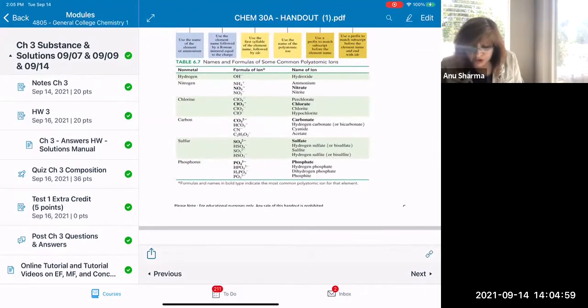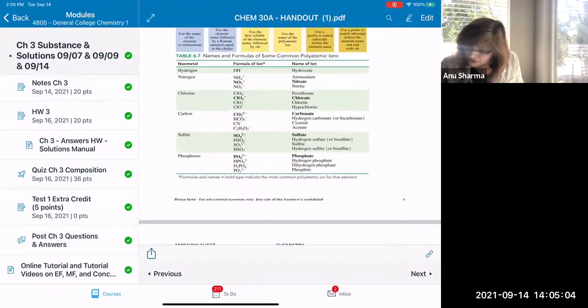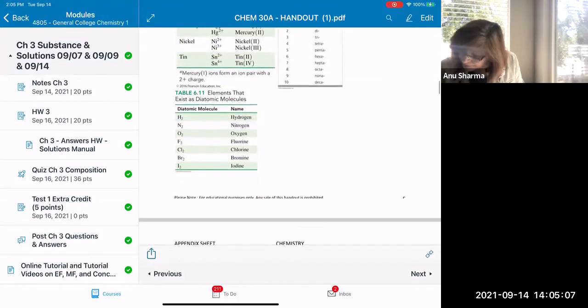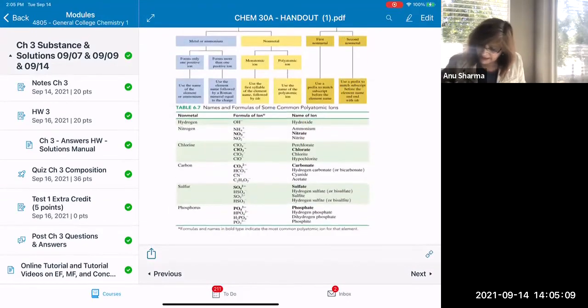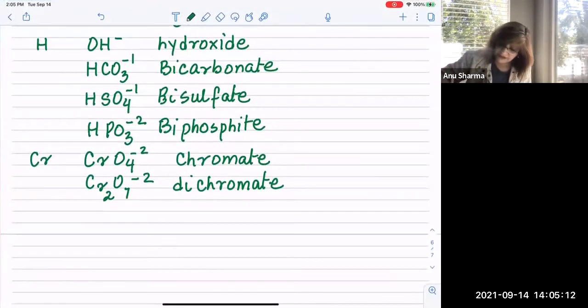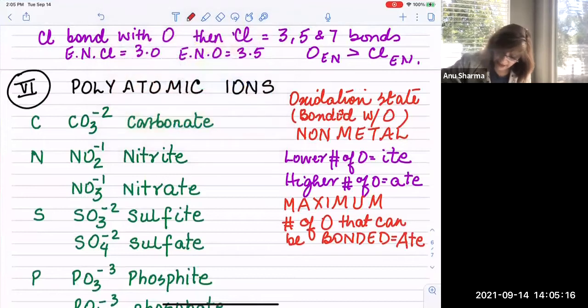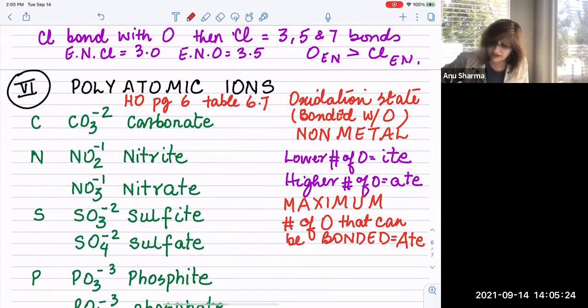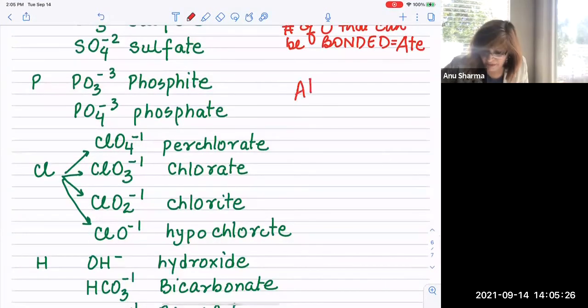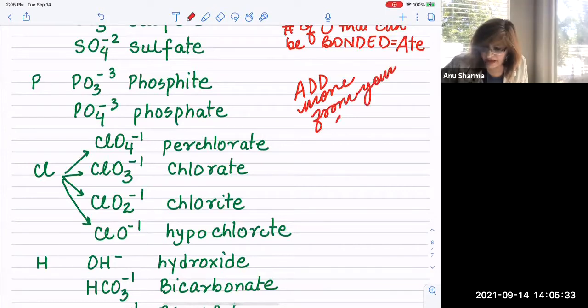And you can add more to it, from your side.